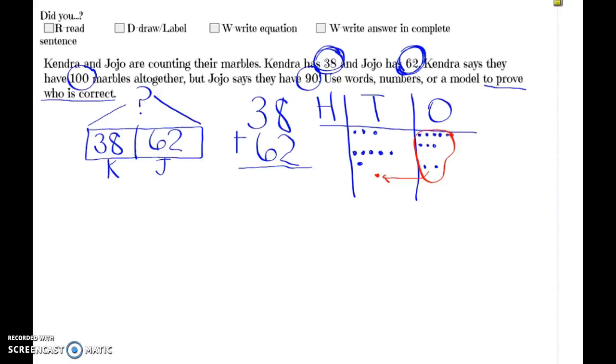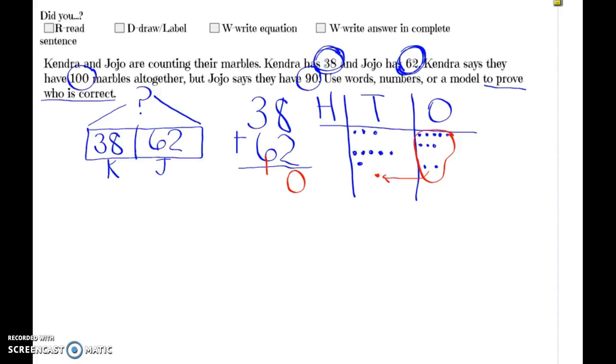And after I move that 10, I know that I have 0 ones. So in my vertical problem, I'm going to put 0 in the ones place. And I have to make sure and show my new unit in the tens place. So I'm going to write a 1 on my line.